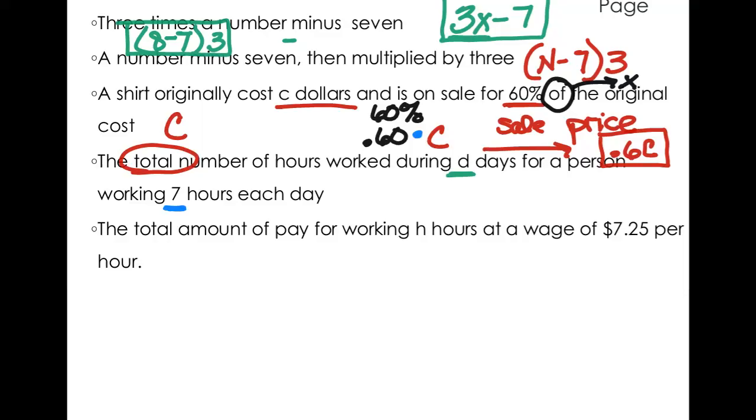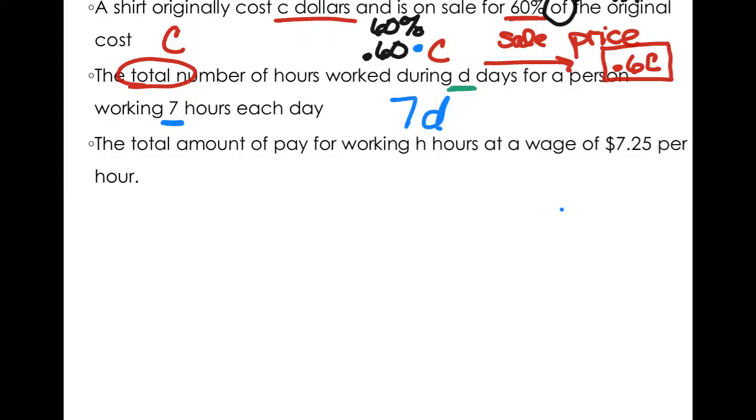We're going to run out of time. 7 hours for D number of days. How many total hours would that be? 7D. Because D is your number of days. So if D was 1, then it would be 7 times 1. If D was 2 days, 7 times 2. We don't know what D is.